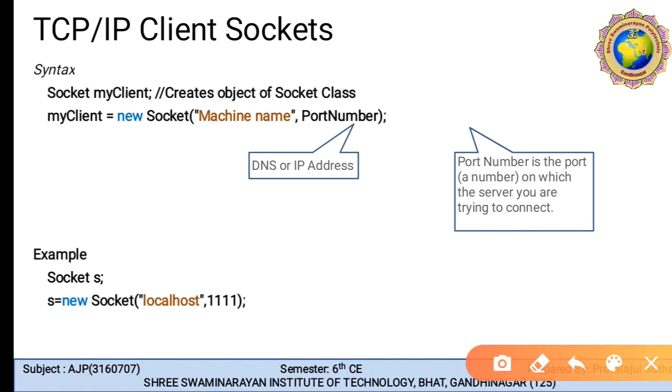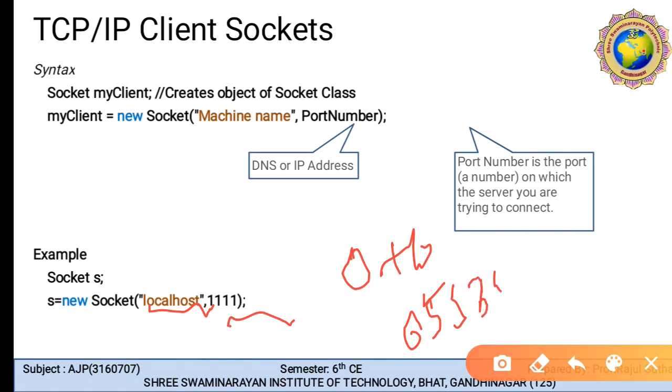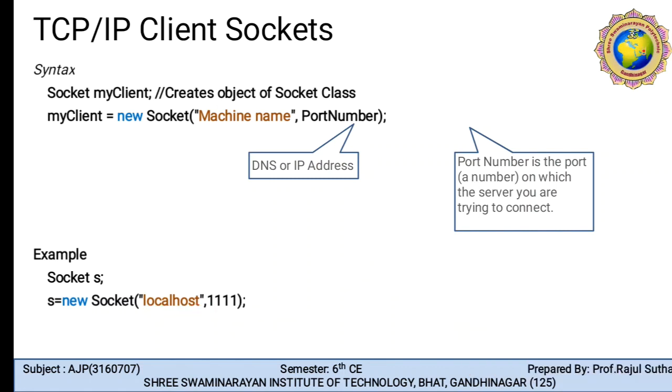Localhost is nothing but the URL, or we can say that it is the DNS, and 111 is nothing but the port number. The port number you can use is from 0 to 65535.